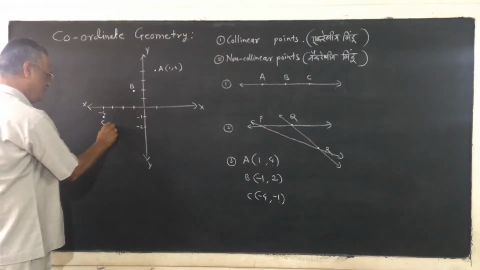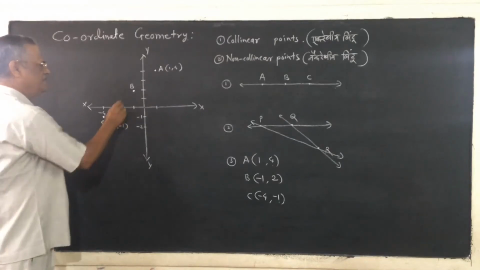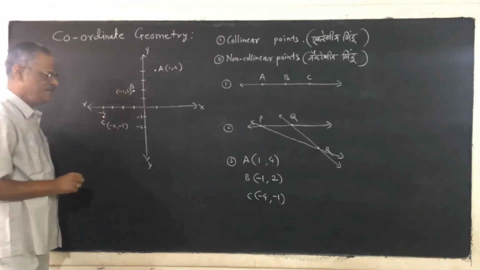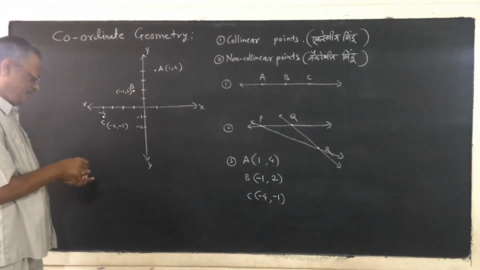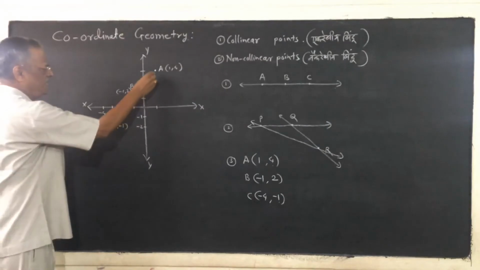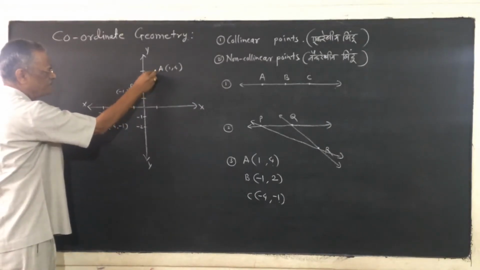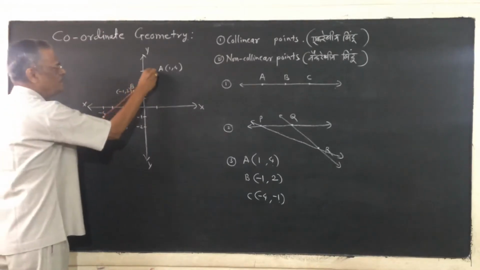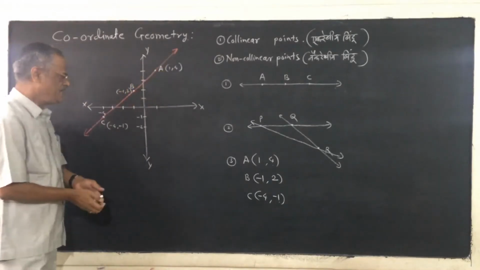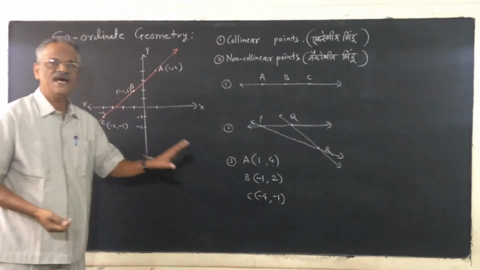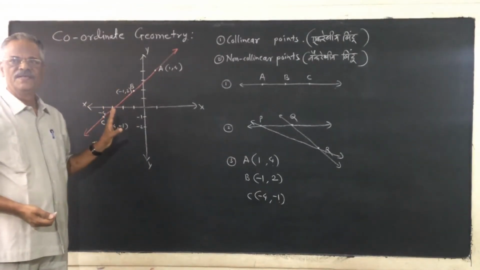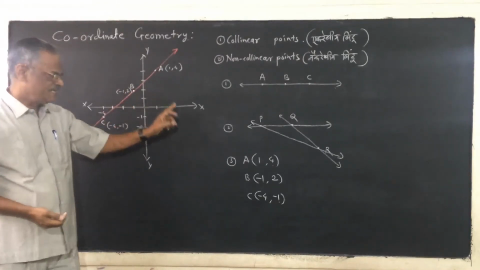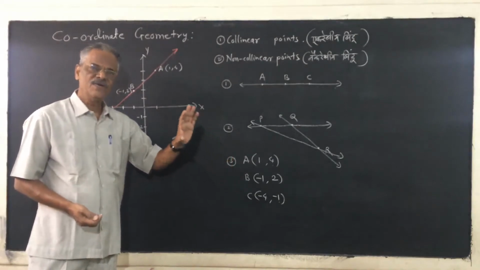Coordinates are -4, -1. This is your B point, coordinates are -1, 2. And if you draw a line, what is the observation there? 3 points A, B, C are collinear.